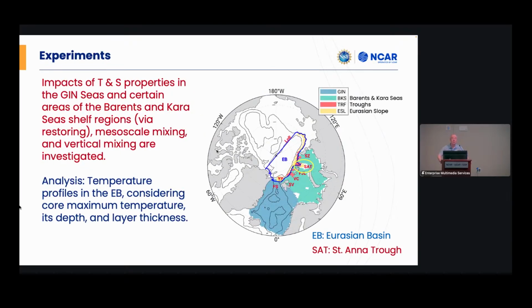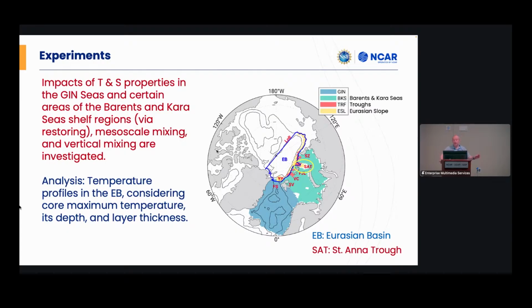The majority of our simulations follow what Bill and I did back in 2006, restoring in certain regions to hydrographic properties, temperature and salinity, with a rather strong restoring coefficient, to see whether they improve biases in these simulations.